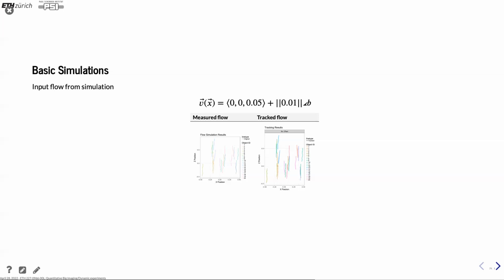And still, it was pretty good in this case to identify and track these objects. Here again, we are lucky that they are not overlapping, except for this one in the corner, which is critical. But otherwise, there is no problem with overlapping tracks.